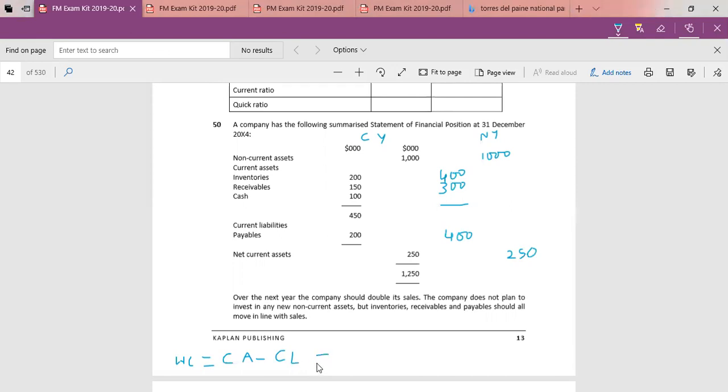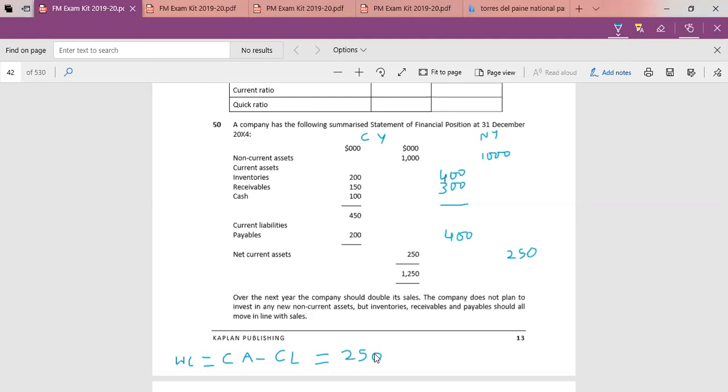Current assets minus current liabilities is equal to 250. One thing we know is that current liabilities is 400. As of now we see that the two items of current assets, 400 and 300, make 700, and this is 400. The difference is 300, 700 minus 400, but net current assets is only 250.